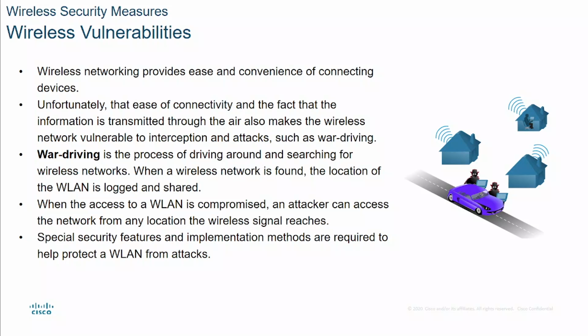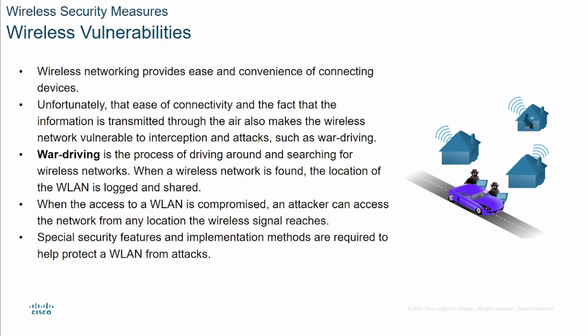Wireless was provided to ease the convenience of connecting devices, to solve the problem of the complexities of physical cables and connecting devices that are far away from each other. Unfortunately, that ease of connectivity, and the fact that the information is transmitted through the air, also makes the wireless network vulnerable to interception and attacks such as war driving.